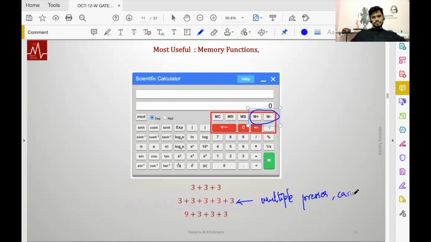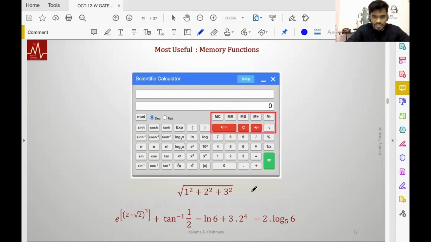Also be very careful that you did not clear memory, MC, memory clear. Once you know that, all of these are easy using m plus and m minus.